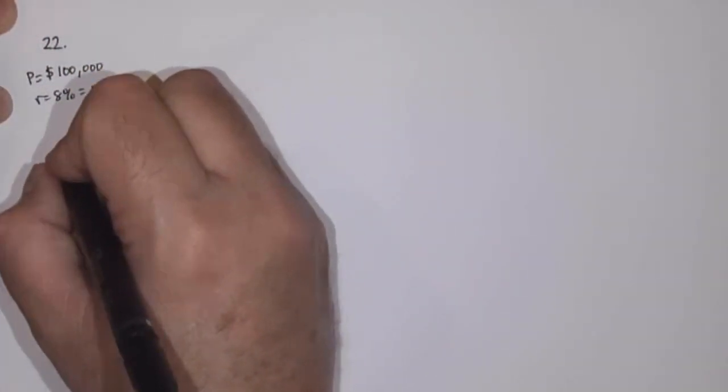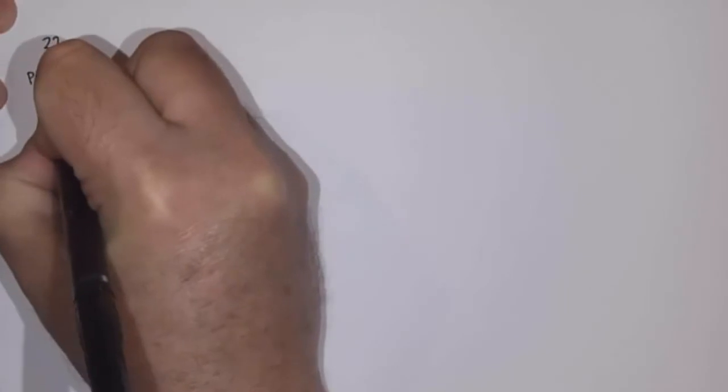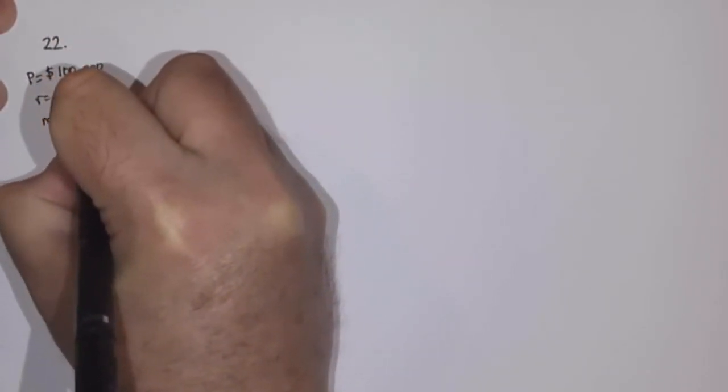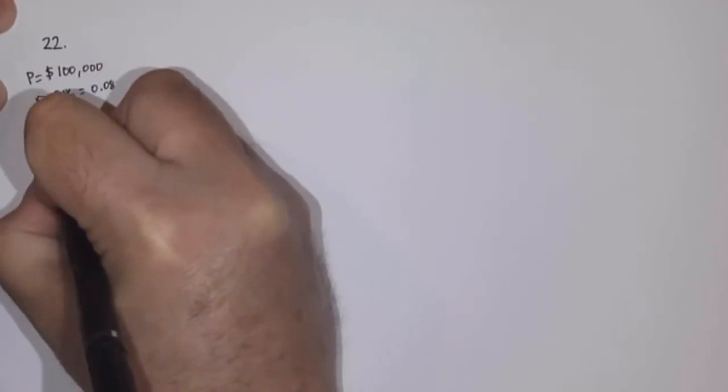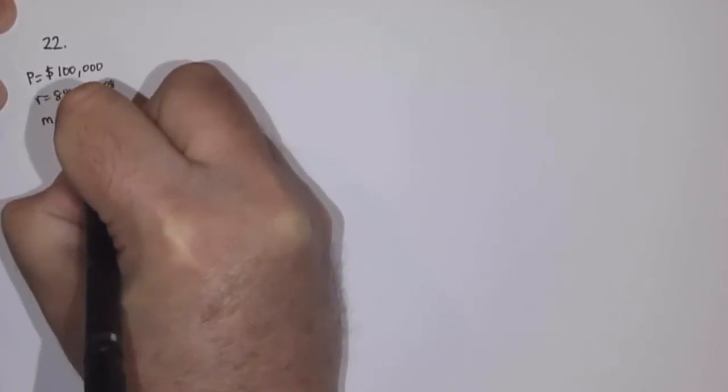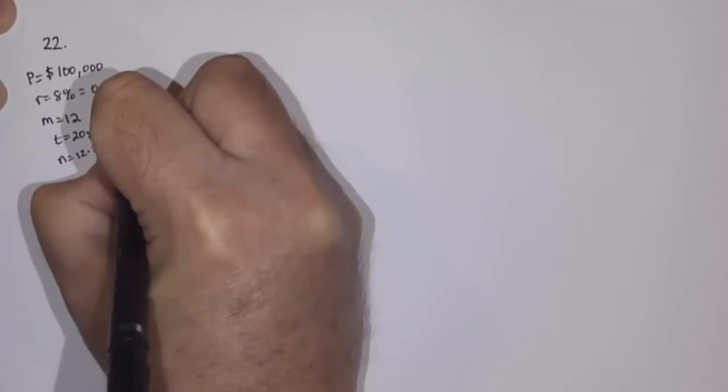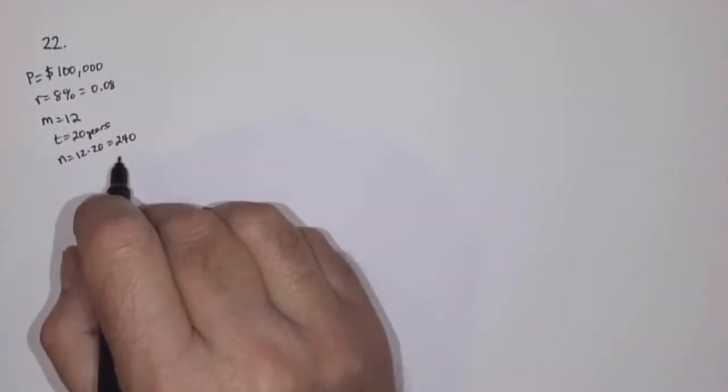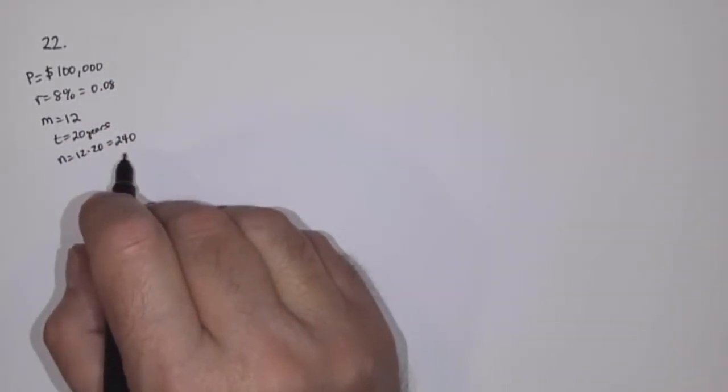We know that we're going to be making monthly payments for 20 years. So M is equal to 12. T equals 20 years, which means N is equal to 12 times 20, which is 240. So we're going to be making 240 different payments.